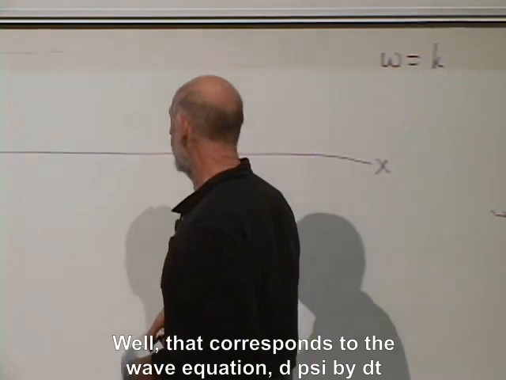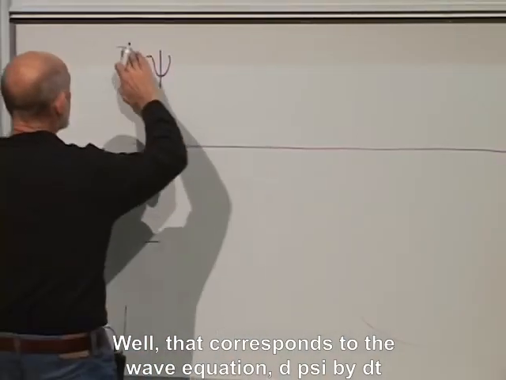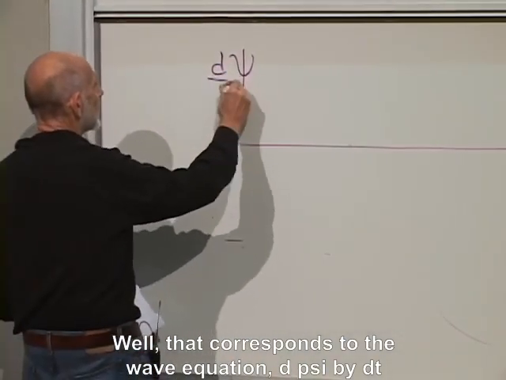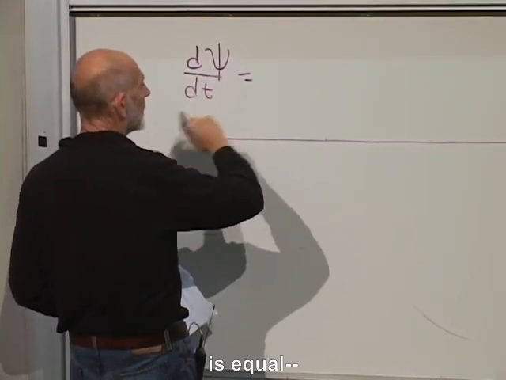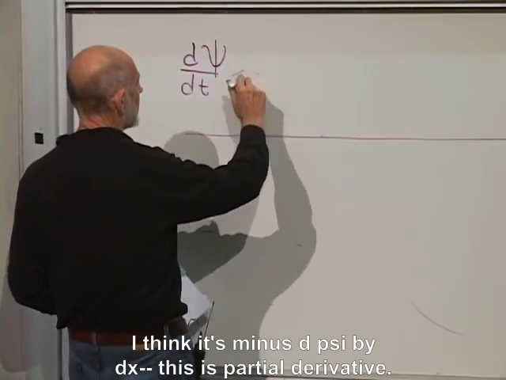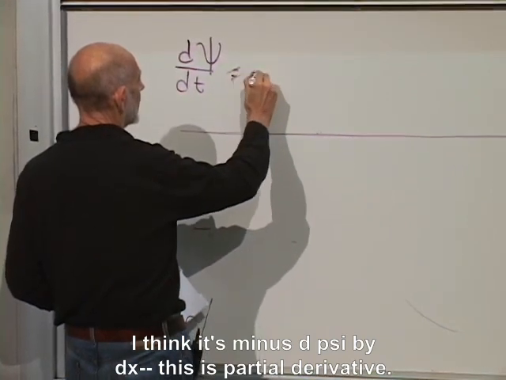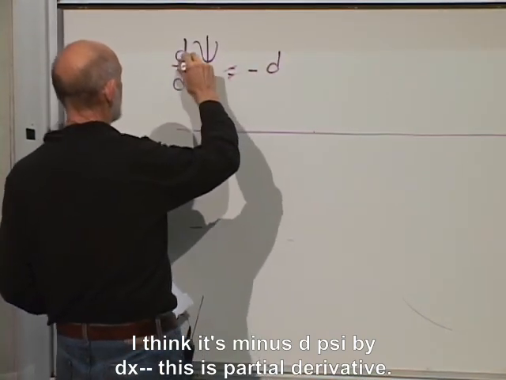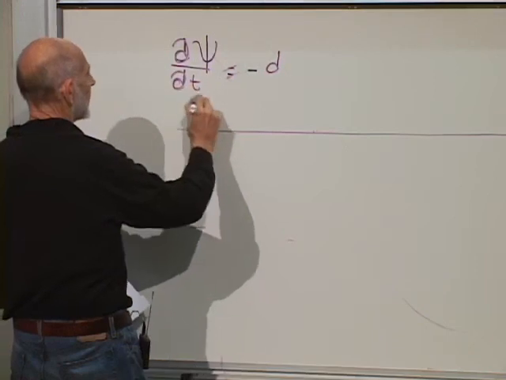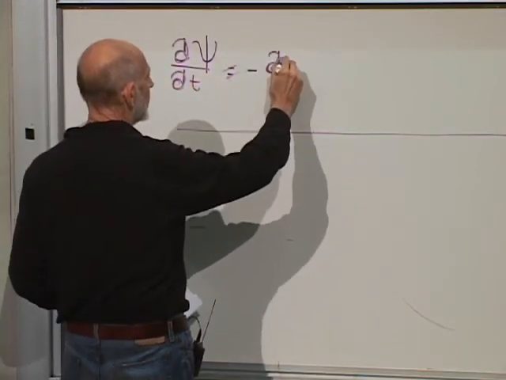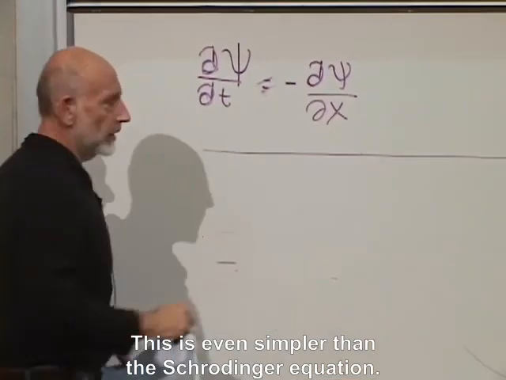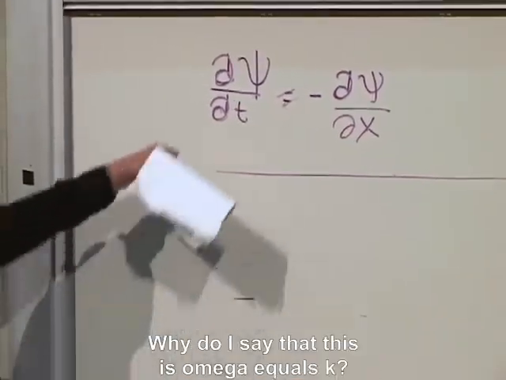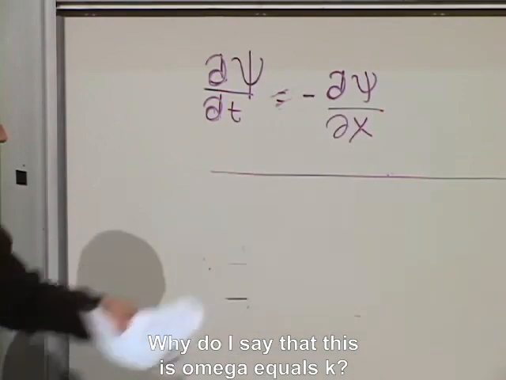Well, that corresponds to the wave equation d psi by dt is equal, I think it's minus d psi by dx. This is partial derivative. This is even simpler than the Schrodinger equation. Why do I say that this is omega equals k?